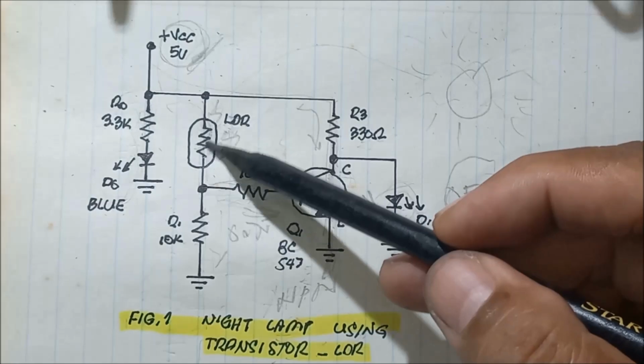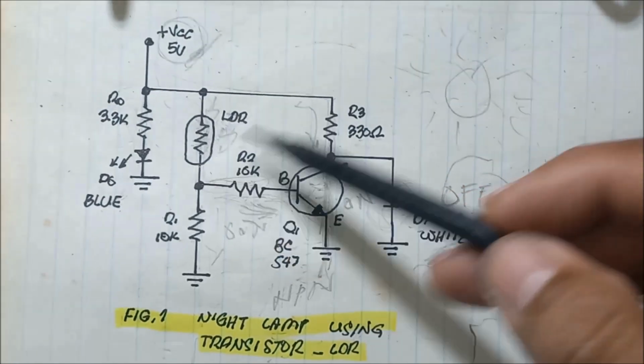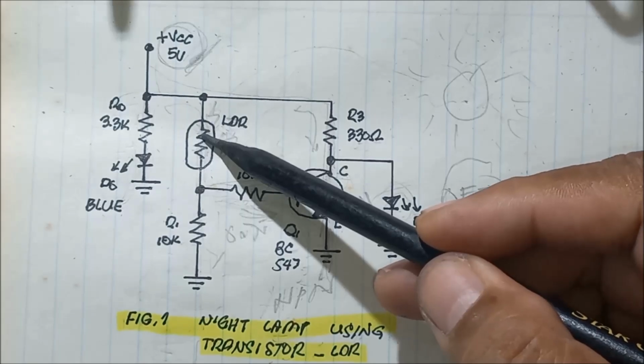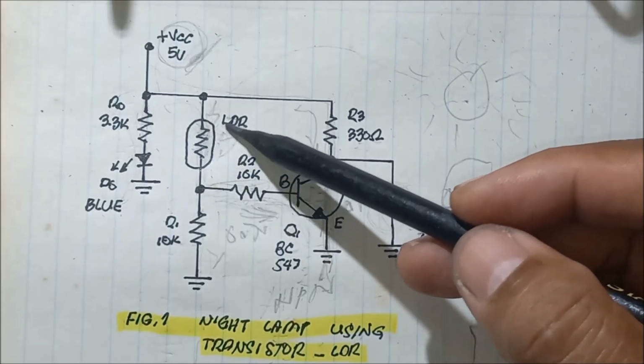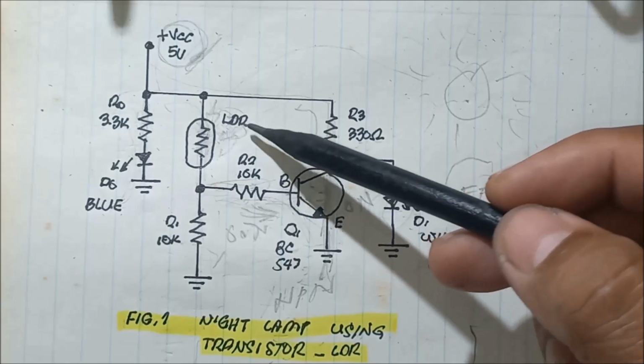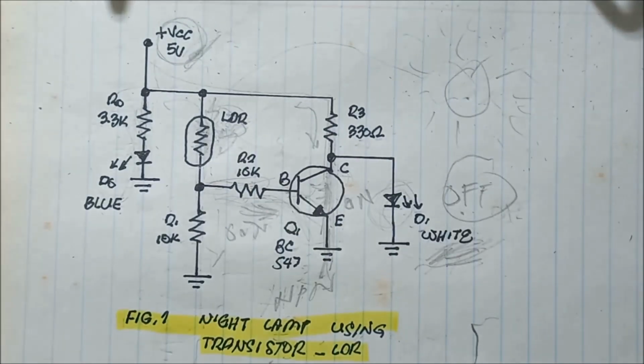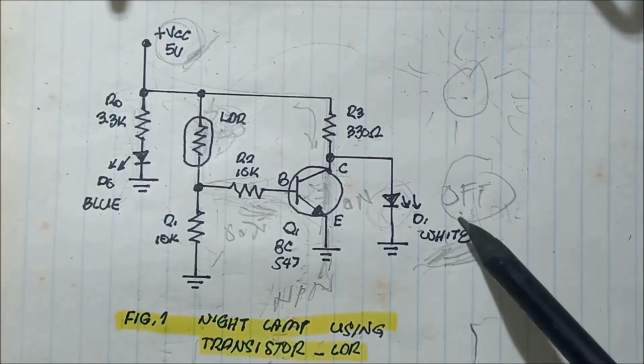And this is also on but with less resistance due to the light. More light makes this light dependent resistor have less resistance, and because of that, this white LED turns off.